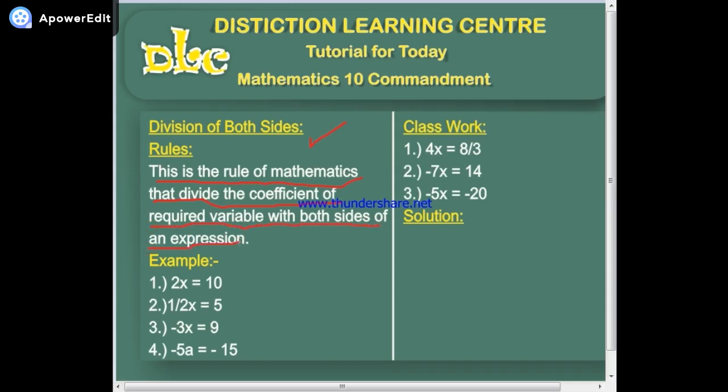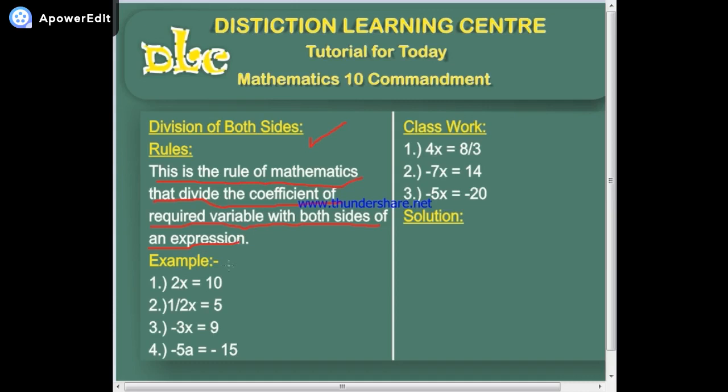What we are trying to say is that there is a situation whereby you see a variable that has a number and is equal to something, separating it from another variable. That means you are going to divide both sides by the coefficient of that variable.